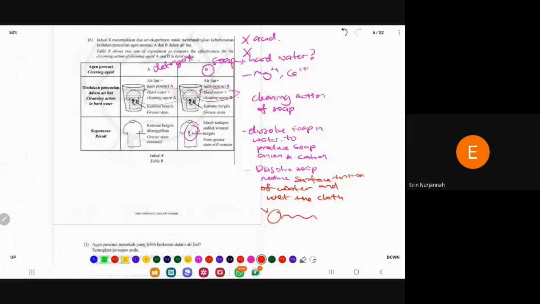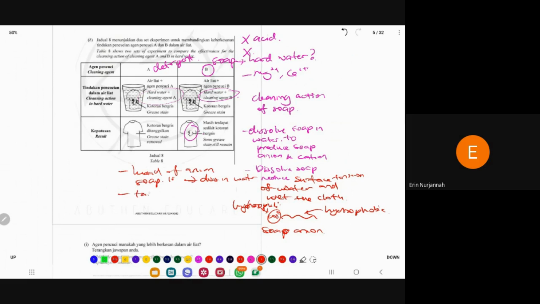Okay, this is the soap anion. And then you draw in. This one is hydrophilic. And this is hydrophobic. I know my writing is very bad because I want to be fast. Now you see the head of the anion soap is hydrophilic, dissolved in water.